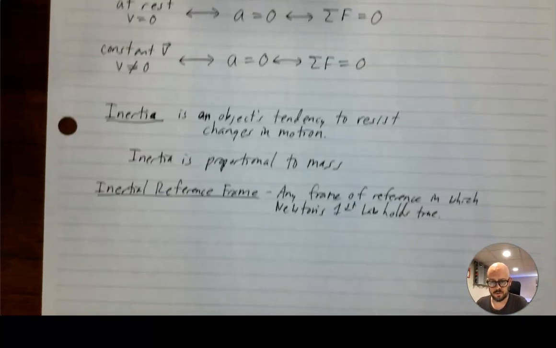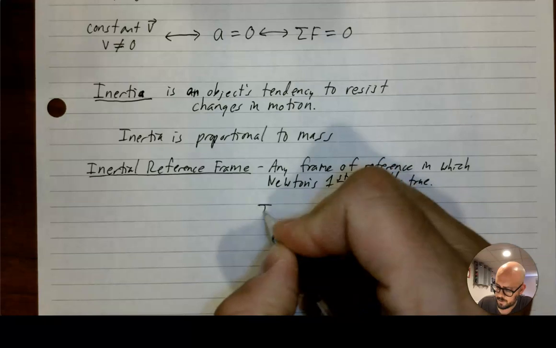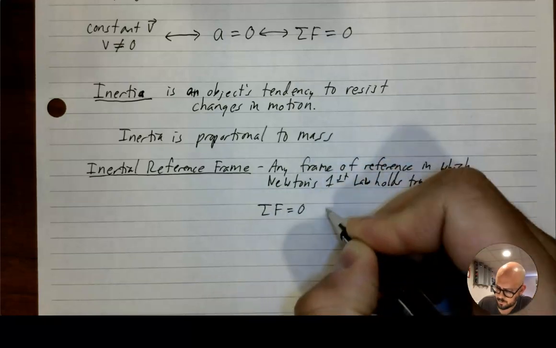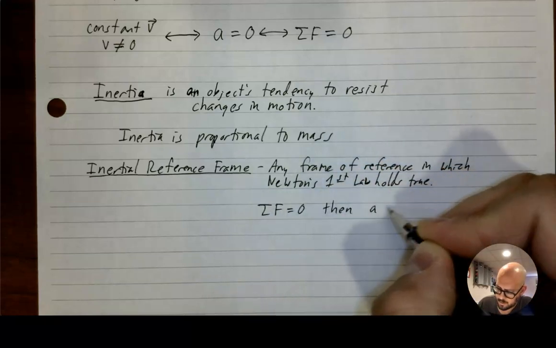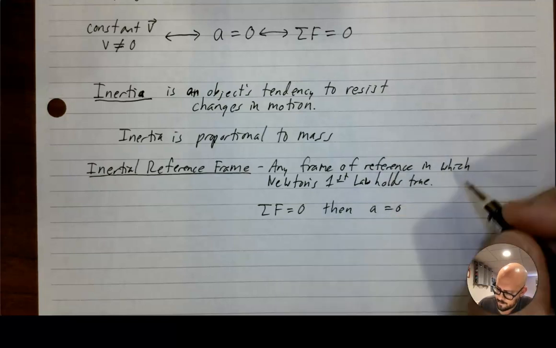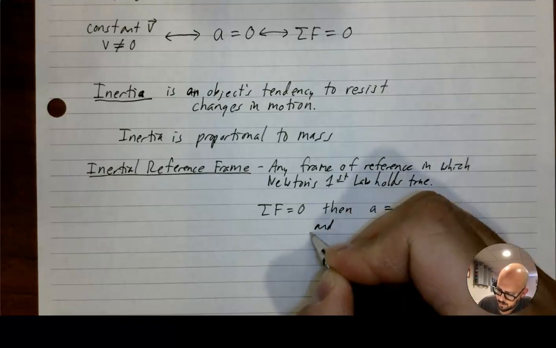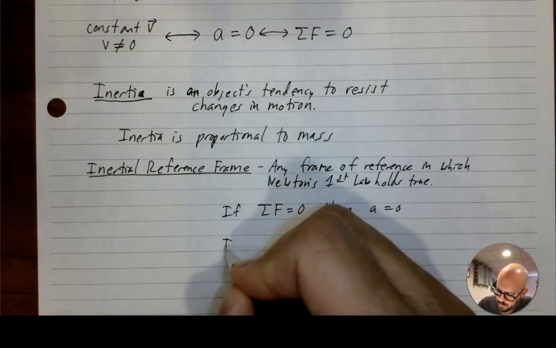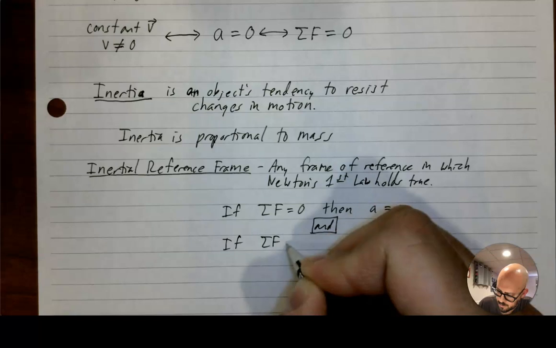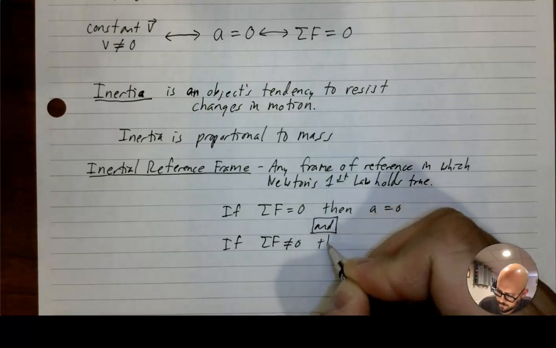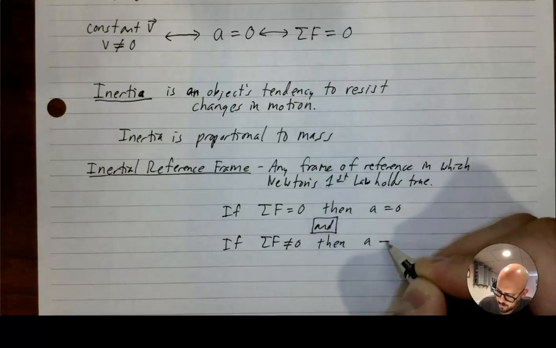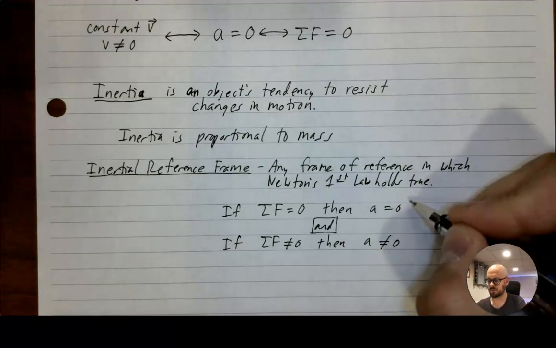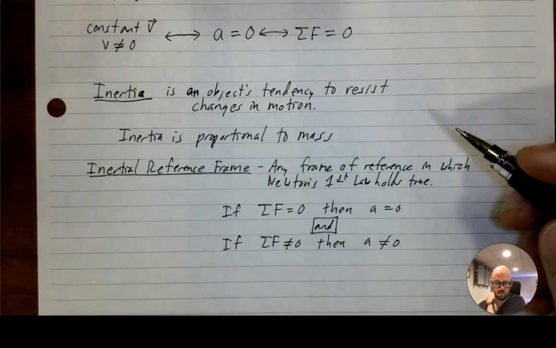In other words, if the net force is 0, then acceleration is 0. And if the net force is not 0, then acceleration is also not 0. So that's like if Newton's law holds true.